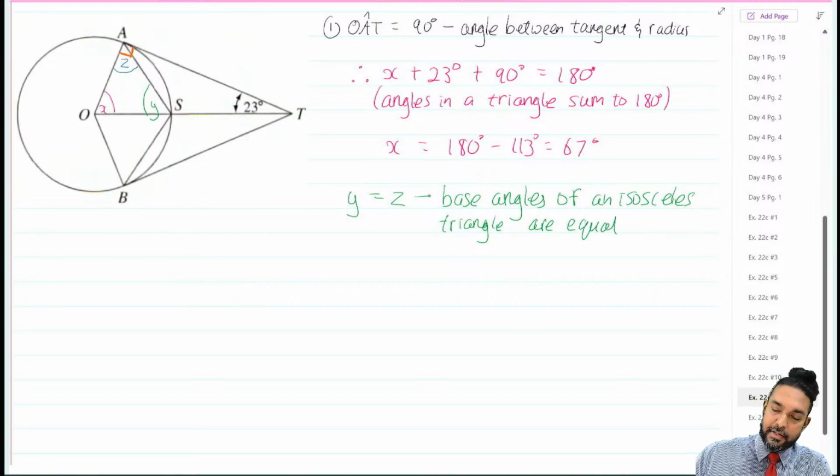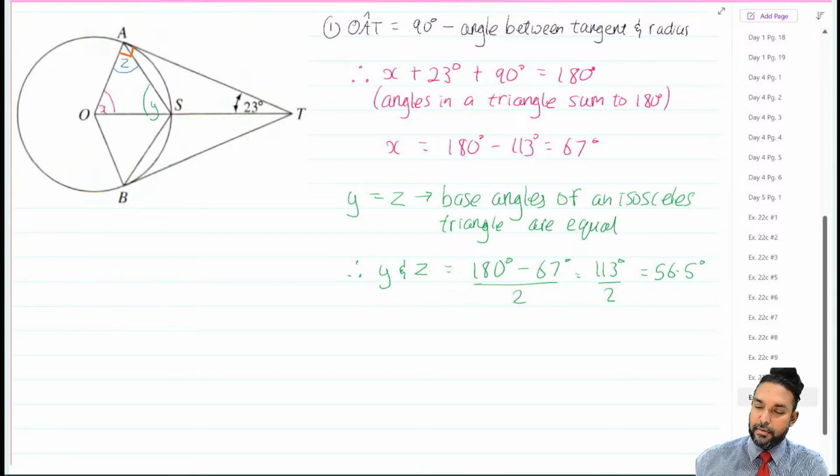Right? So base angles of an isosceles triangle are equal. Therefore, Y and Z will be equal to 180 minus 67 divided by 2, which is 113 divided by 2, which is 56.5 degrees. Anybody? All right, cool.